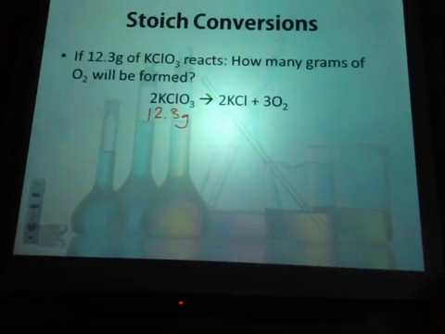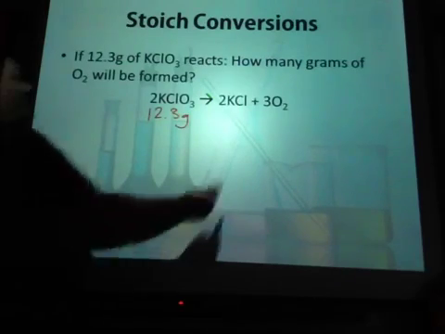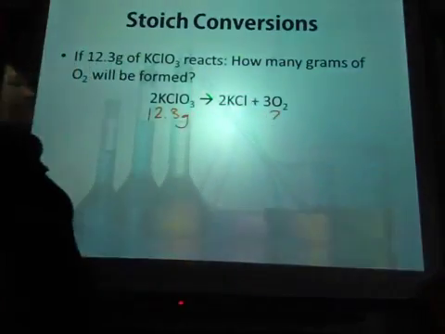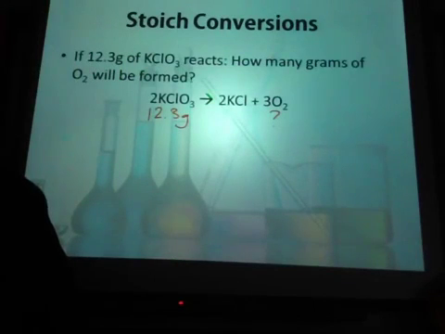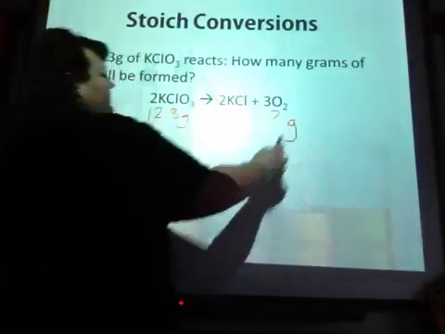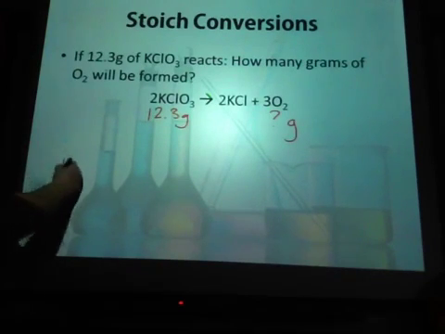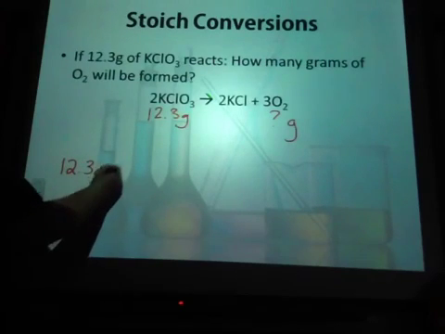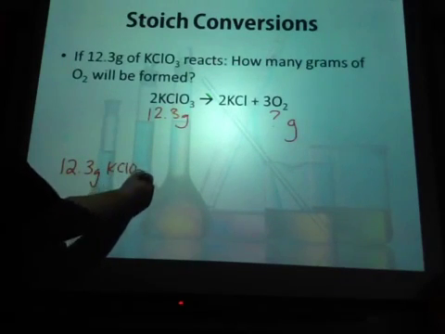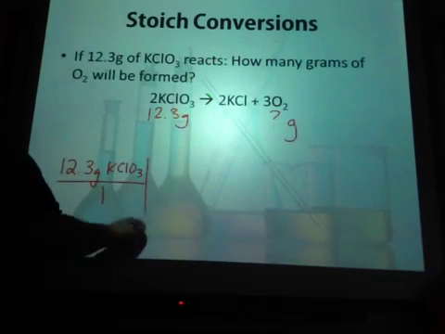And what do we need to find? What substance are we looking for? O2. And what does our unit have to be for O2? It needs to be grams. So we're going from grams of substance A to grams of substance B. Okay, so let's look at our roadmap.